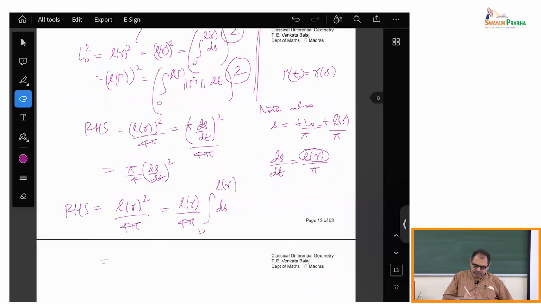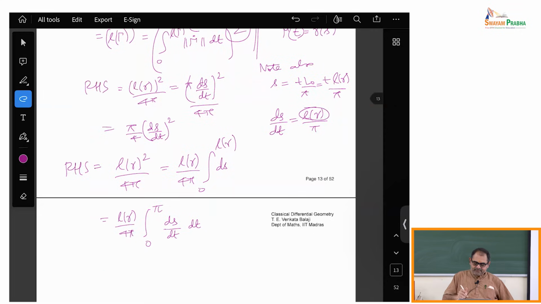Then you write ds as ds by dt times dt, and change the limits to t equal to 0 to pi.